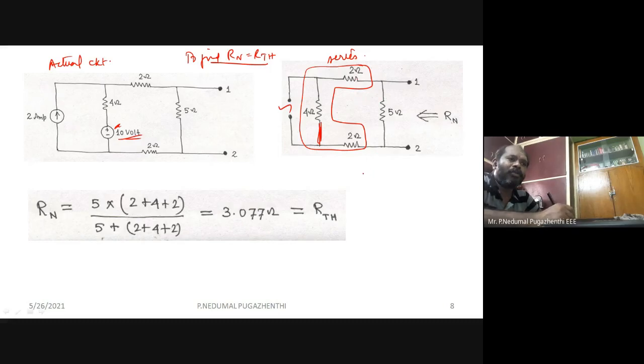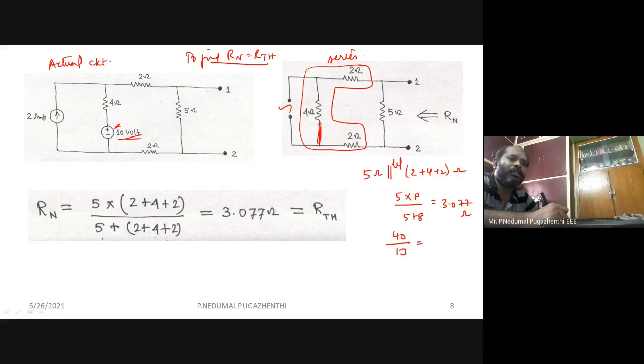So this 5 ohm resistor is in parallel with 2 plus 4 plus 2 ohm, so 6 plus 2, 8. So 5 into 8 divided by 5 plus 8, which is going to be 40 by 13, 3.077 ohms.